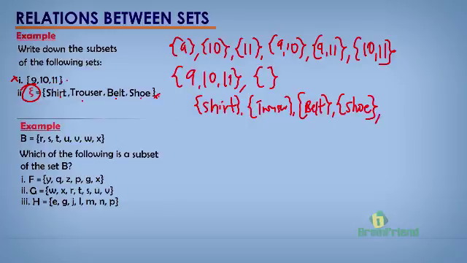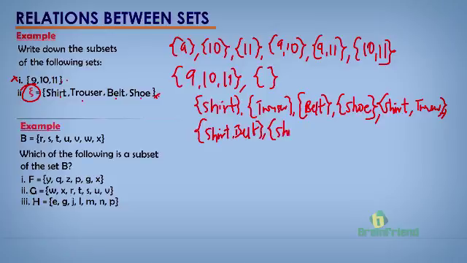If we took them in twos, we'd have sets of shirt and trouser, a set of shirt and belt, the set of shirt and shoe.